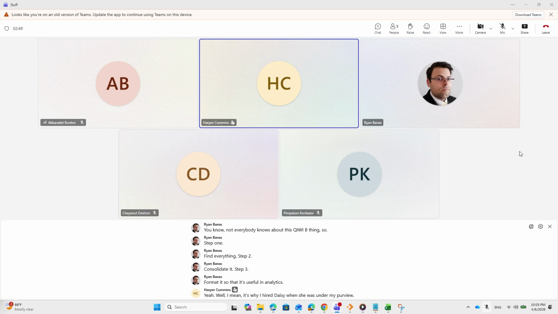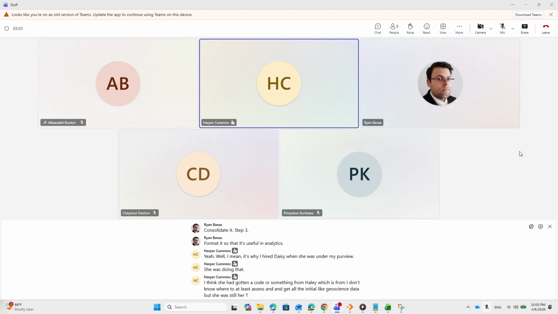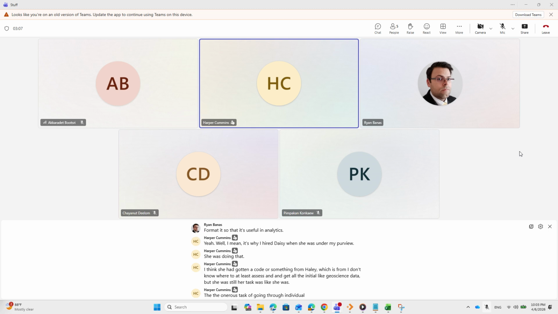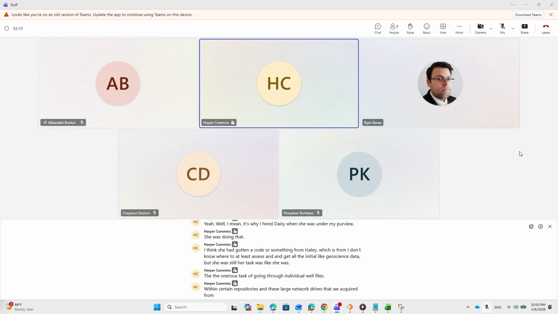I think she had gotten a code or something from Haley, from I don't know where, to at least assess and get all the initial geoscience data. But her task was the onerous task of going through individual well files within certain repositories and these large network drives that we acquired from these companies, and making sure that all of the geodata was properly cataloged.